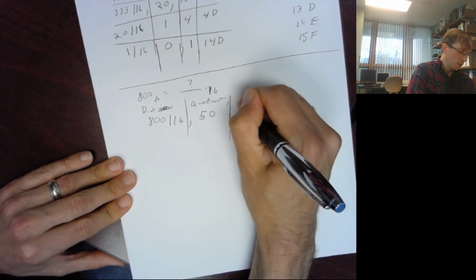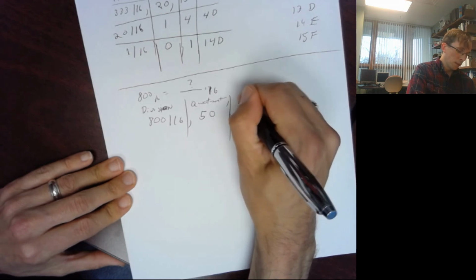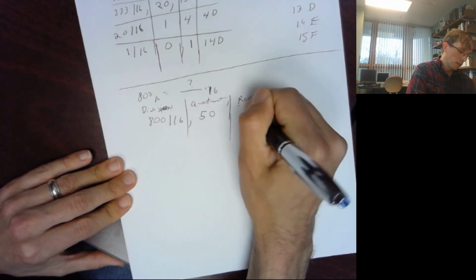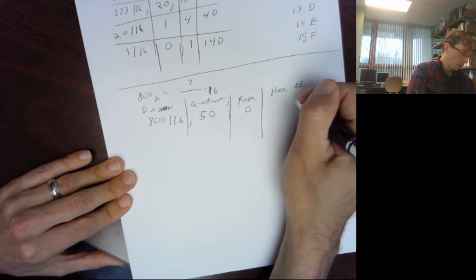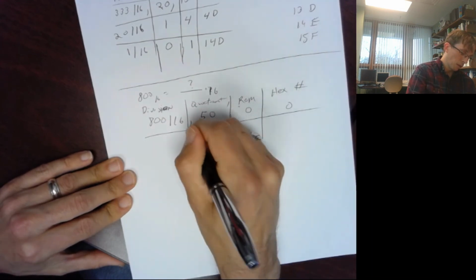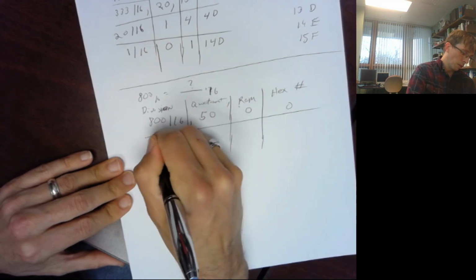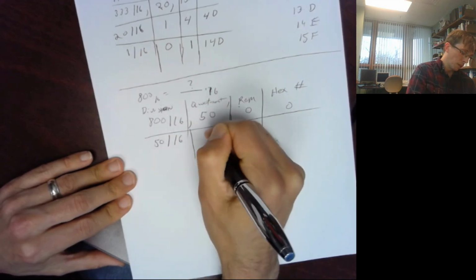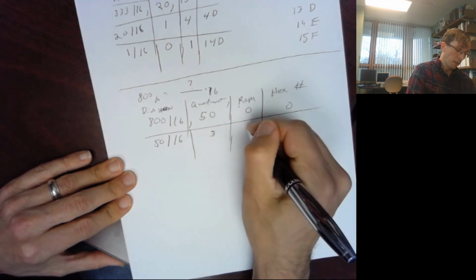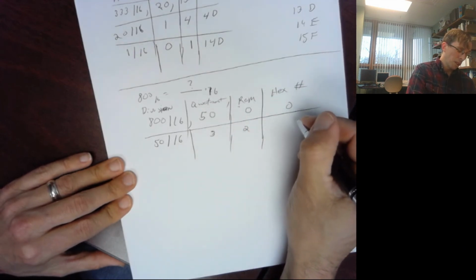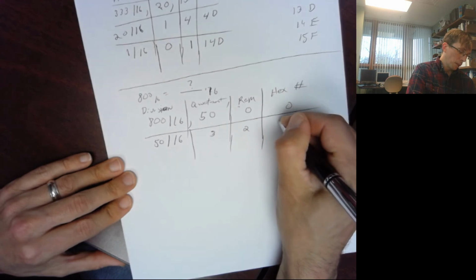And then our remainder is 0, so our hex number is going to be 0 to start. Alright, so then let's take 50, divide that by 16, that'll go in there 3 times with the remainder. It's 48, so a remainder of 2. And so now we have 2, 0.